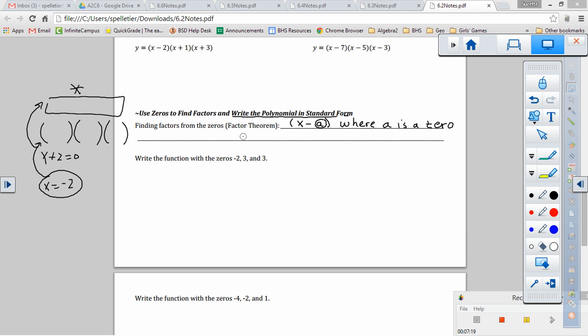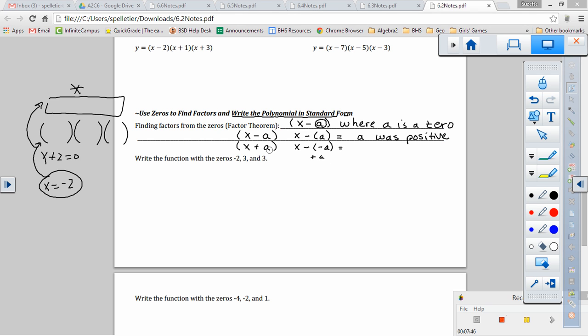Okay, so when we had x minus a, a was positive. But when it was x plus a, that means that it had said x minus negative a, because subtracting a negative turns that into a positive.